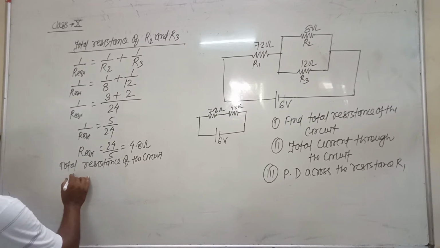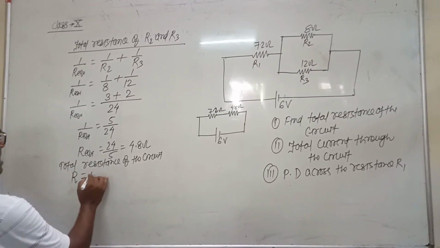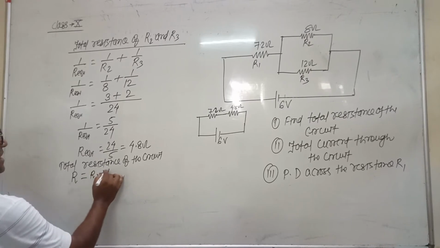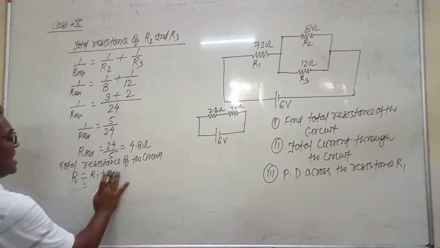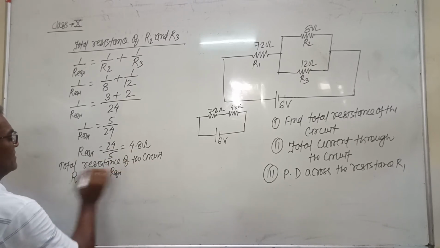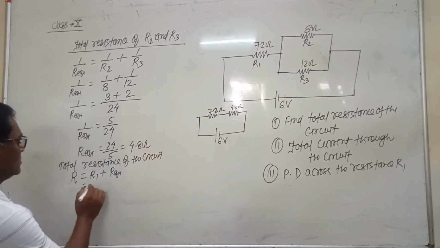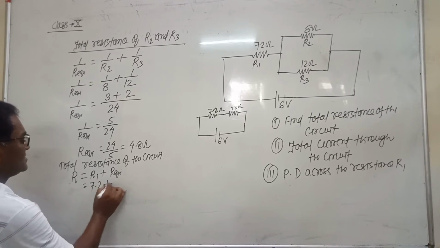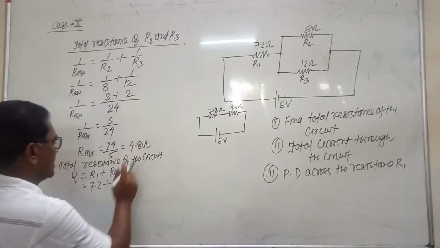So in series combination, the formula for total resistance is R equals R1 plus R2. So R1 plus R equivalent. The value of R1 is 7.2 plus the value of R equivalent is 4.8.